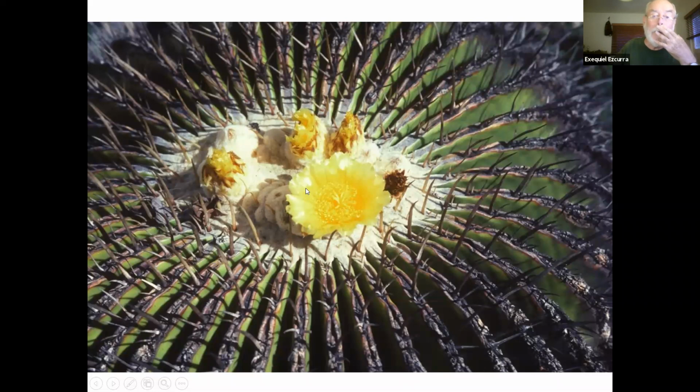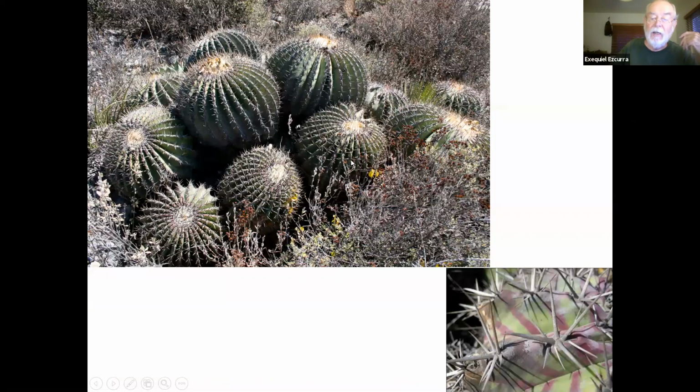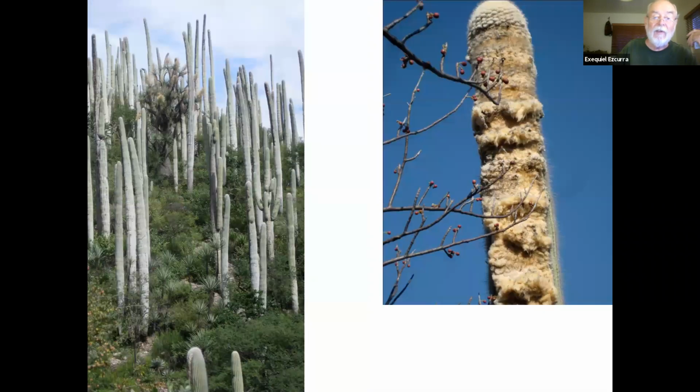They provide a separation between the tender stem cells in the center of the cactus, in the central bud, and in the flowers from the heat of midday. They self-shade the plant. Many cacti have these self-shading mechanisms in the tip of their stems, and they're known as cephalia, in Latin meaning a head. Very often cacti have cephalia.